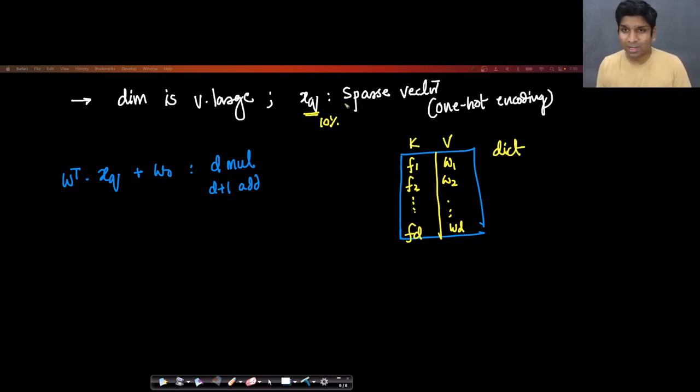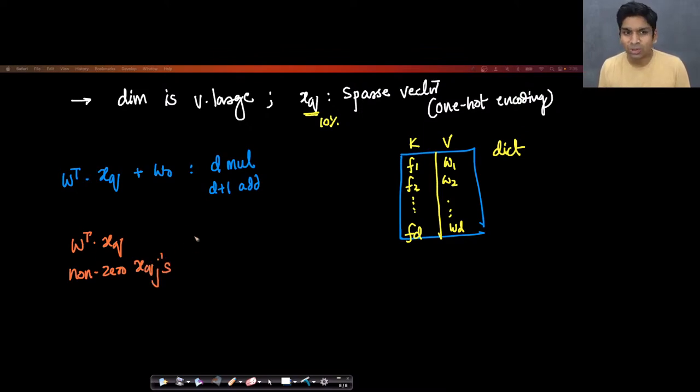Then what I do is, perform W transpose XQ only for non-zero XQj's.